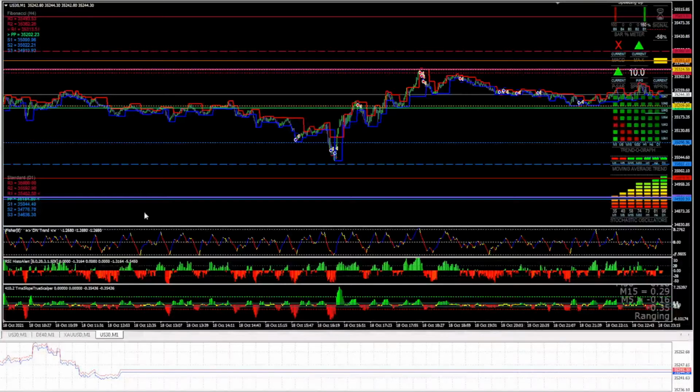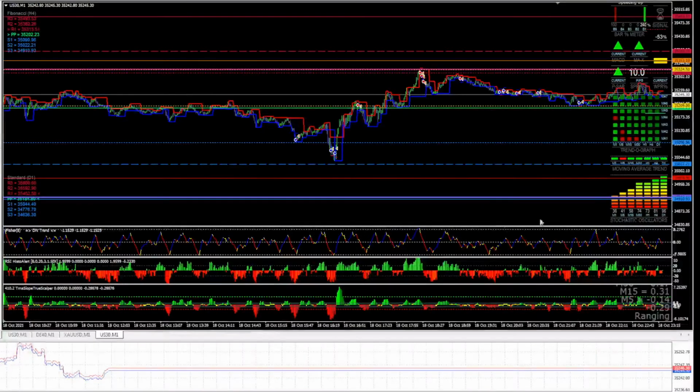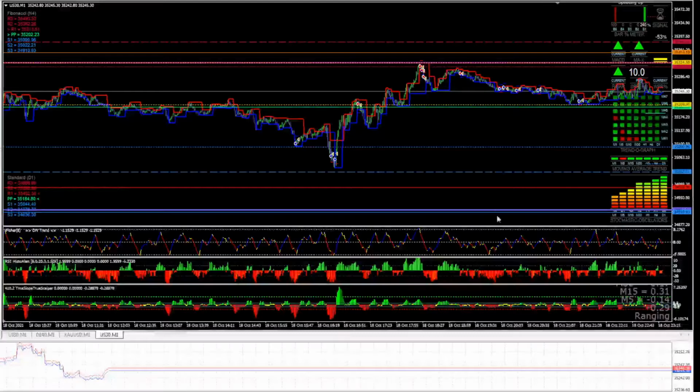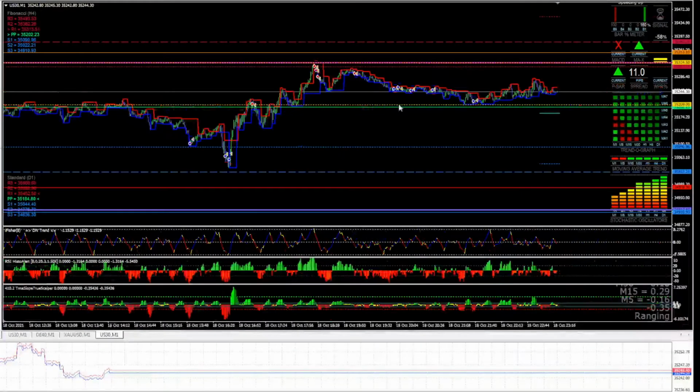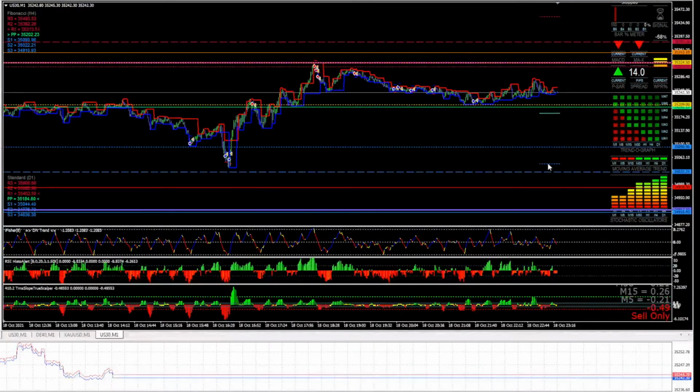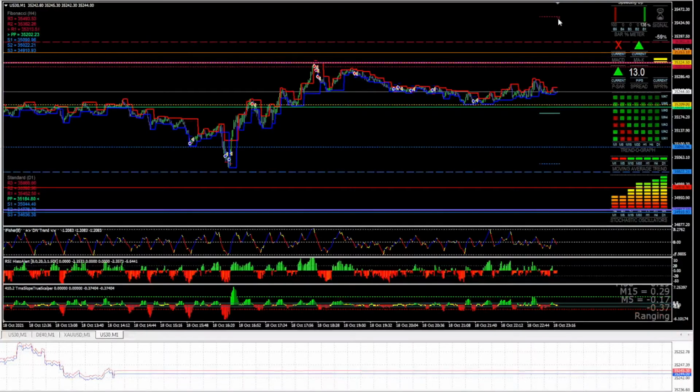I load it once with the standard D1 daily levels, and everything is drawn. It's quite clear actually. You have this one, which is D1 S1, this one, which is the daily pivot point, and this one, which is D1 R1.